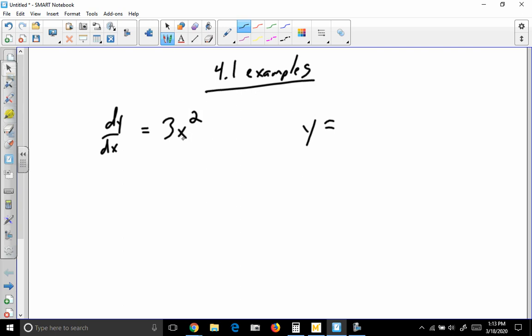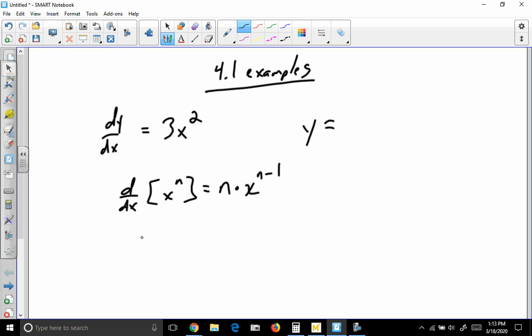So you may recall from our videos that we were using the power rule for the derivative. The power rule says we bring down our exponent, so we multiply by our exponent and we decrease our exponent.